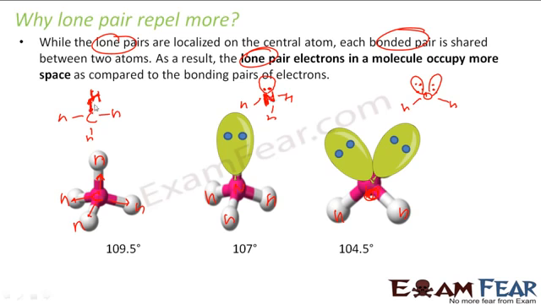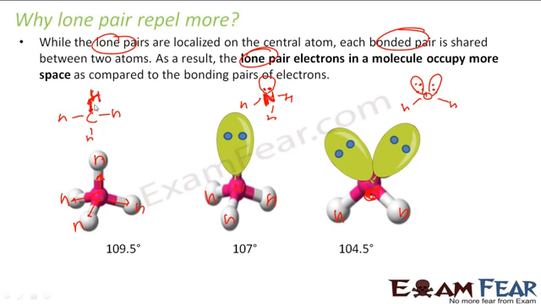Hope you understand. That means the lone pair needs more space. So the lone pair-lone pair repulsion will be maximum because both need more space. Lone pair-bond pair will be a little less because one is a little happy, one is not happy, and bond pair-bond pair will be all the more less because both are happy, right? So this will be the order of repulsion, maximum to minimum.